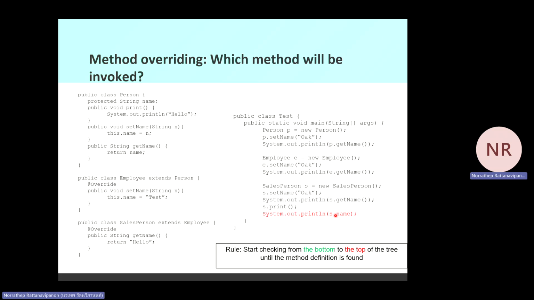You see name is declared in the superclass, in the topmost class, declared as protected. So to answer this, you have to figure out, you also have to consider the case where the test class is in the same package as this class or not. The behavior may be different.